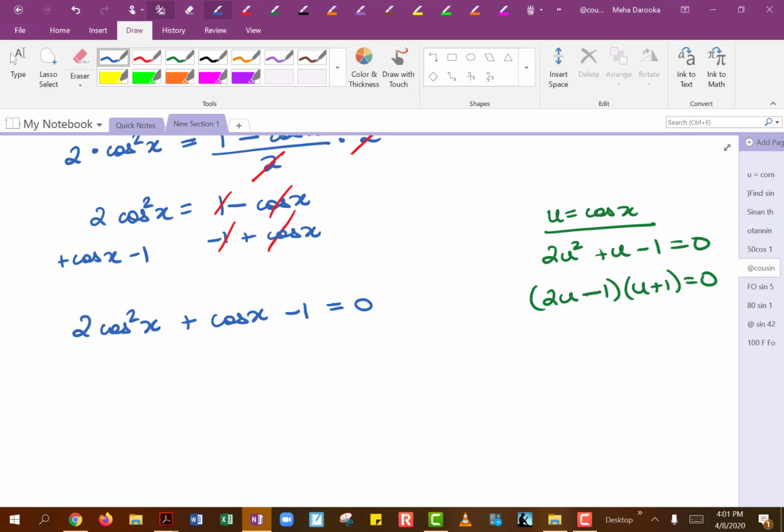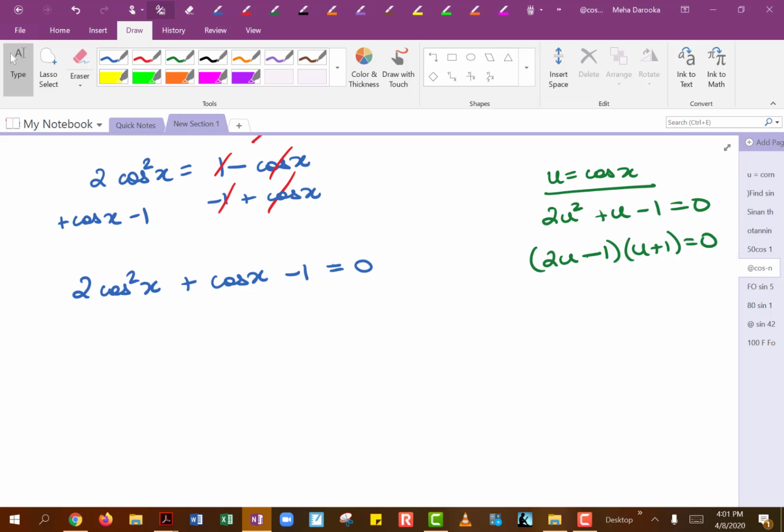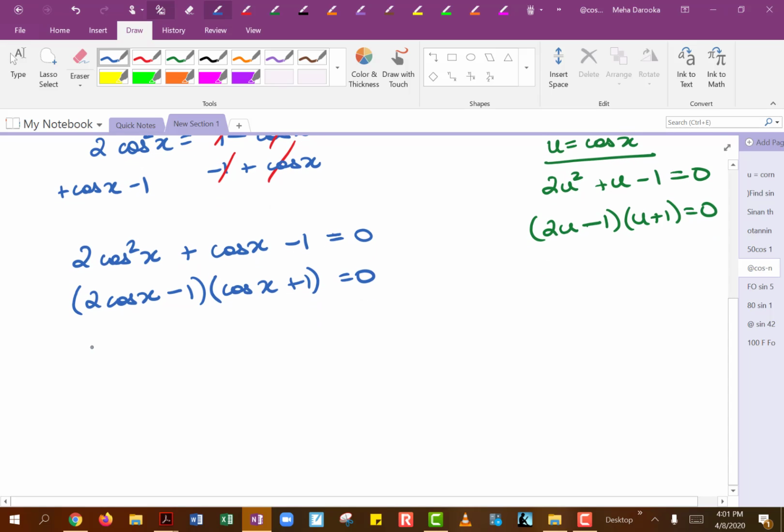Bringing that back into our function, it becomes 2 cosine of x minus 1 times cosine of x plus 1 equal to 0. And this is actually the same thing we had in, I believe it was example 1. So you will notice we're going to get the same type of solutions there.